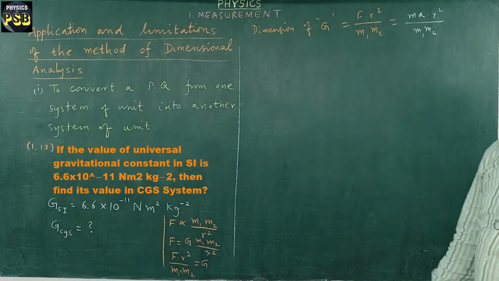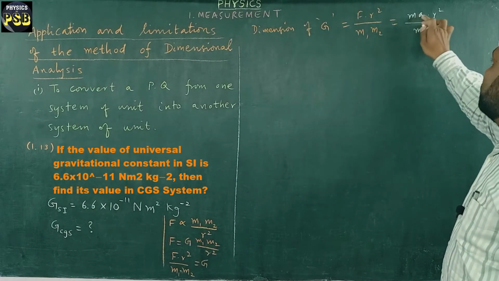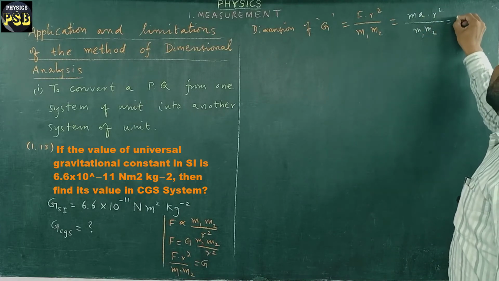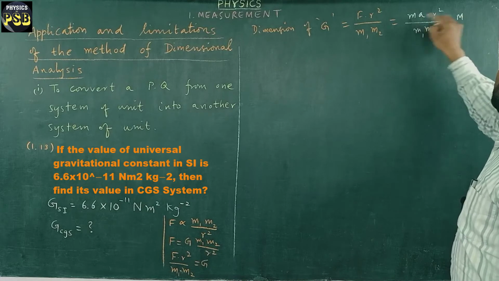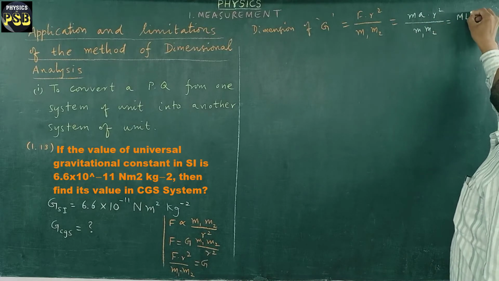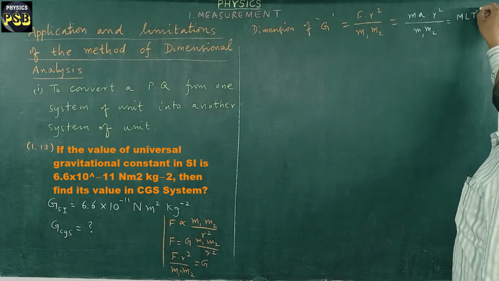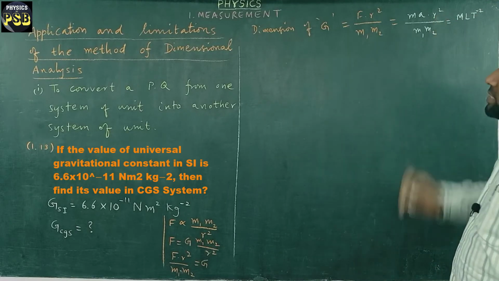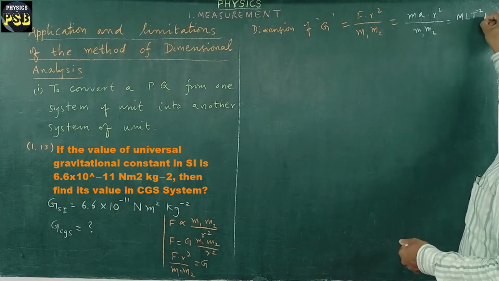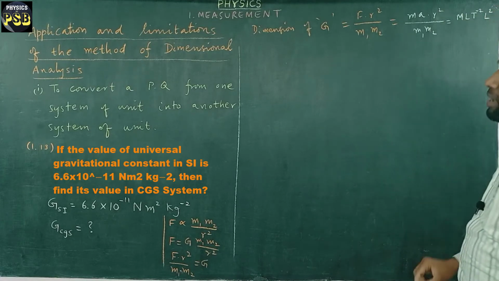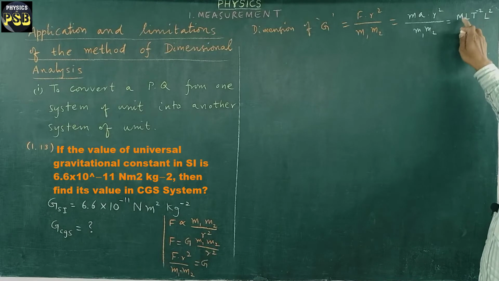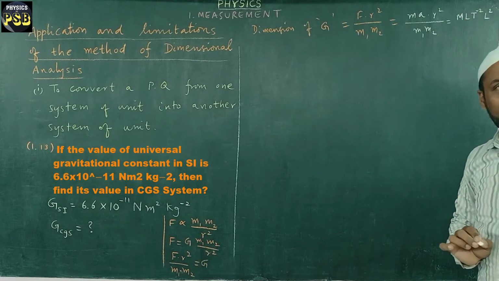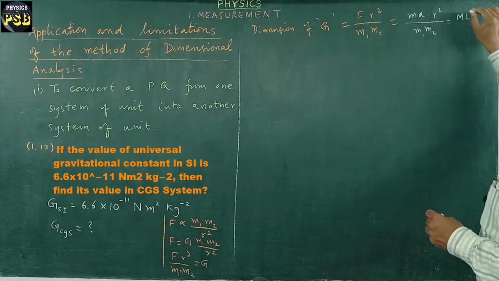Now I am going to substitute the dimension of each term. Mass dimension is M. For acceleration, dimension is L T power minus 2. For this distance, dimension is L power 2. Here I told you earlier, when there is no power, it means the power is 1.